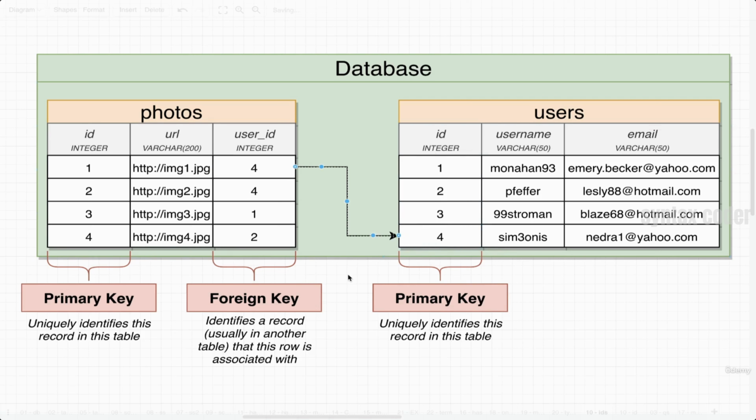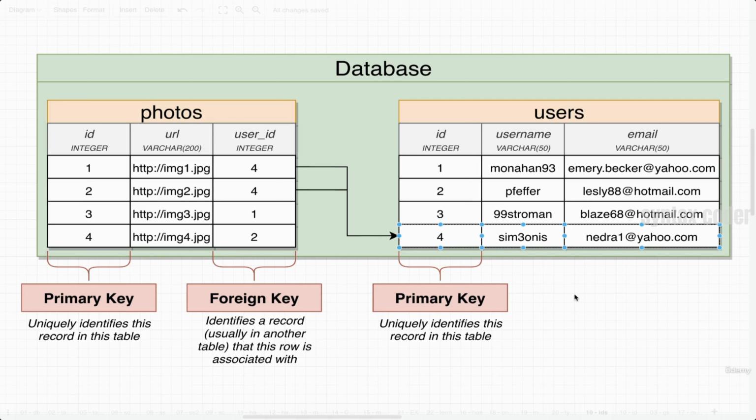There they are right there, and there they are right there. So we've now formed a relationship. We have somehow related these 2 photos right here to the user with ID 4 right here. That is how we are going to implement a one-to-many and a many-to-one kind of relationship. Remember, those two are very similar in nature. It really just comes down to the perspective that we are viewing this from.